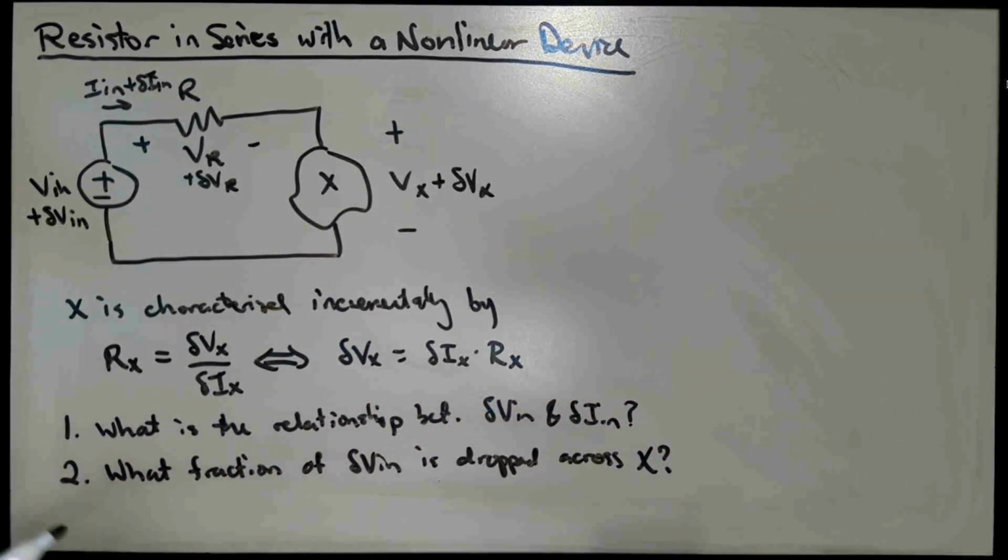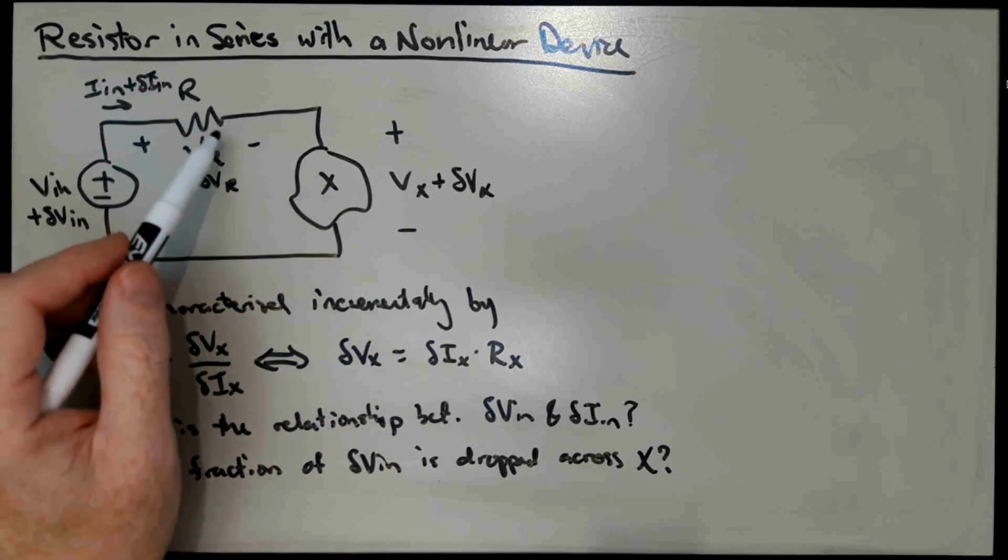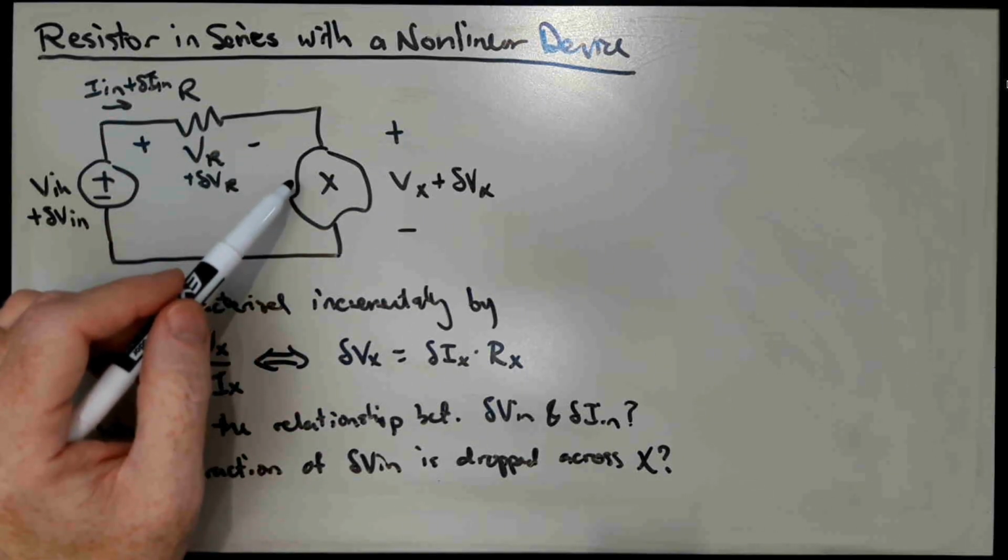And so this gets at what the series combination of two incremental resistances looks like.